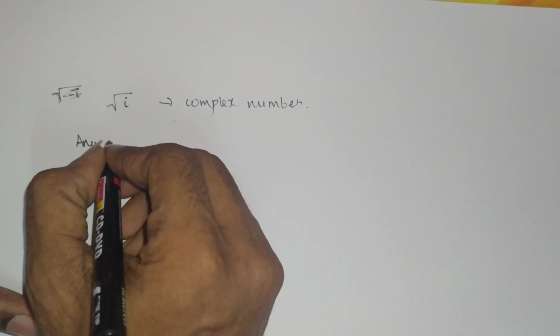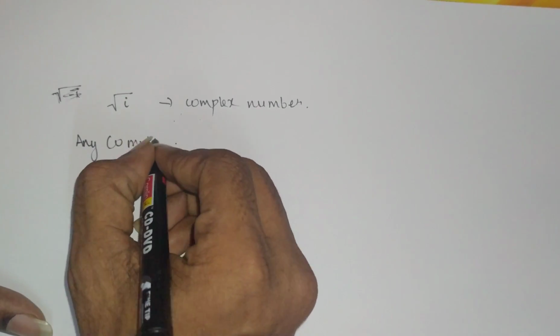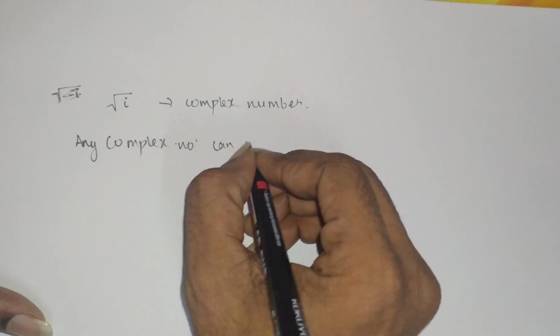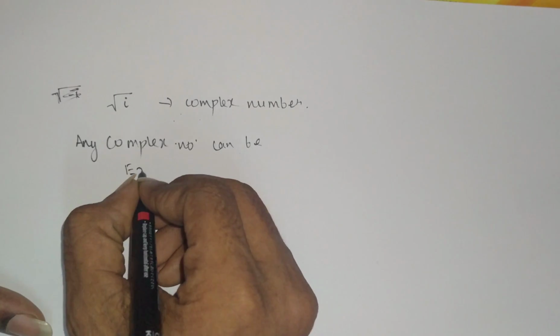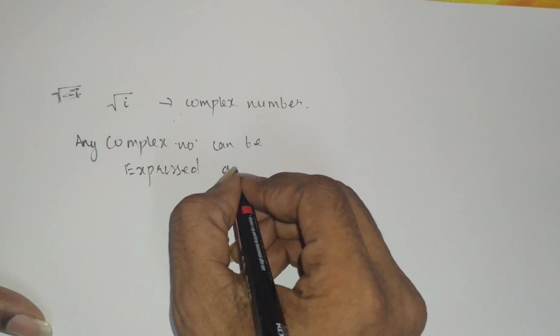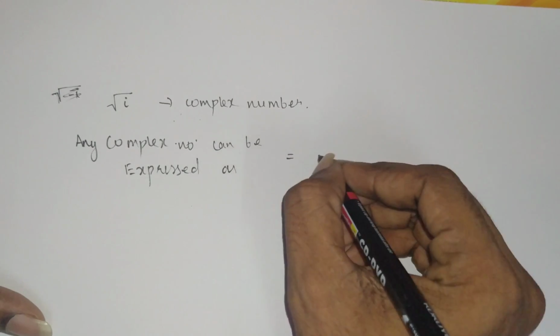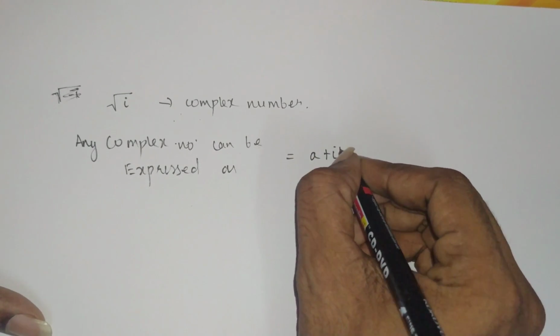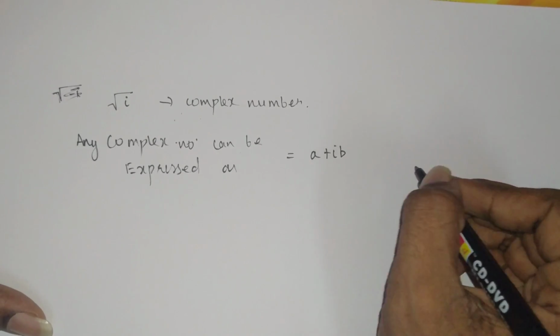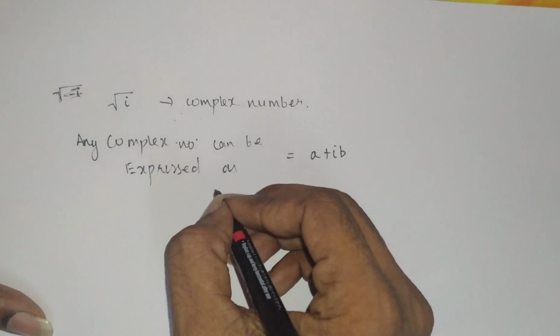Also, we know that any complex number z can be represented in the form a plus ib, where a and b are real terms, a is the real coefficient and b is the imaginary coefficient. So z equals a plus ib.